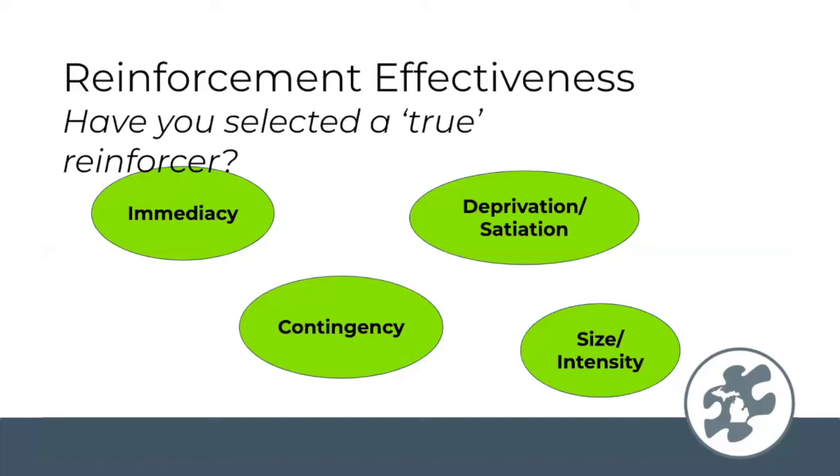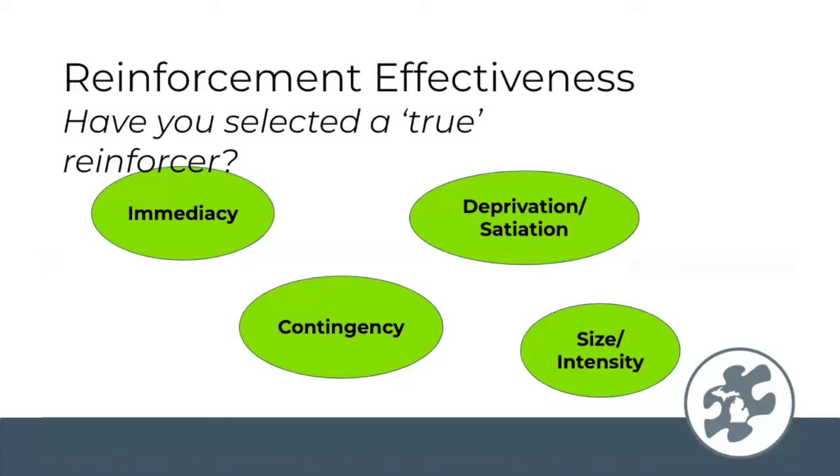Deprivation and satiation. How long has it been since the individual has had that item? If it's not very often, it's probably more reinforcing. If it's something they have all the time, open access to, they can have it whenever they want, why are they going to work for it? It's not going to be very effective.